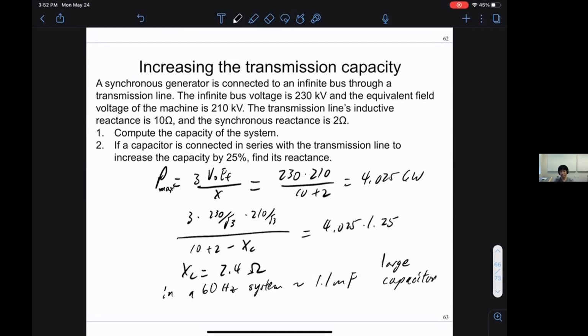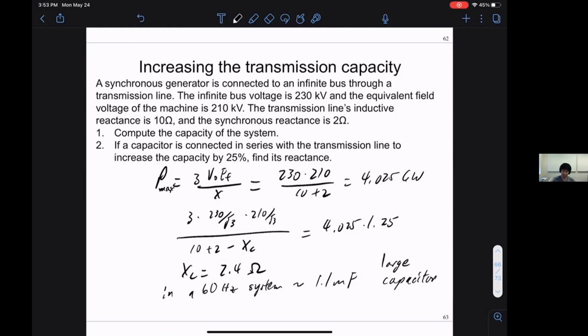You need a special room just to house a capacitor of this size. Most capacitors won't survive the current, so you need a pretty special capacitor to do this. This kind of capacitor is only used in very large substations.